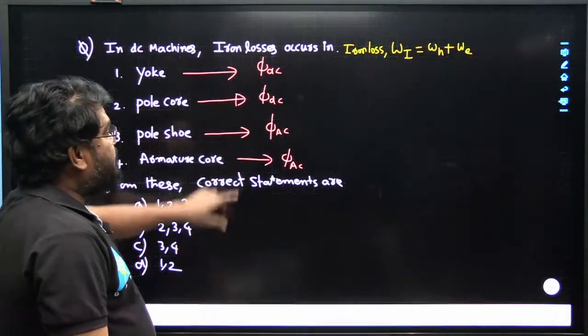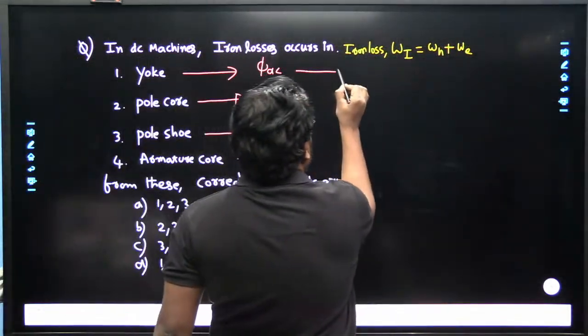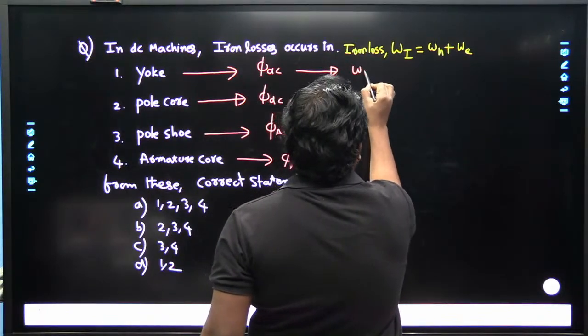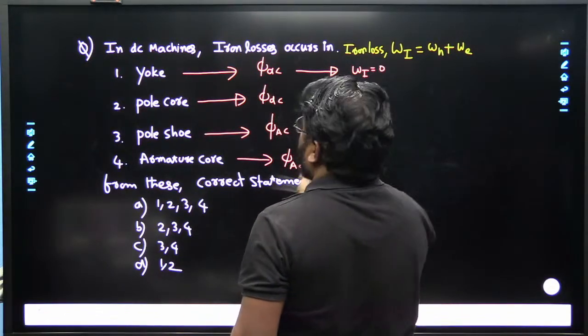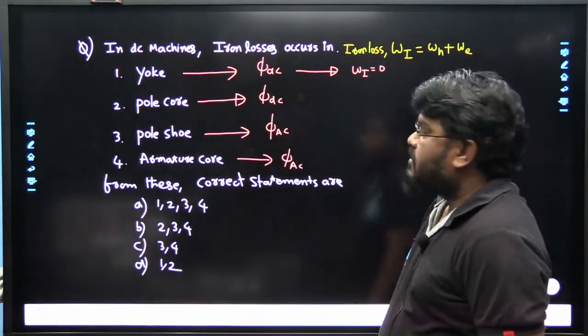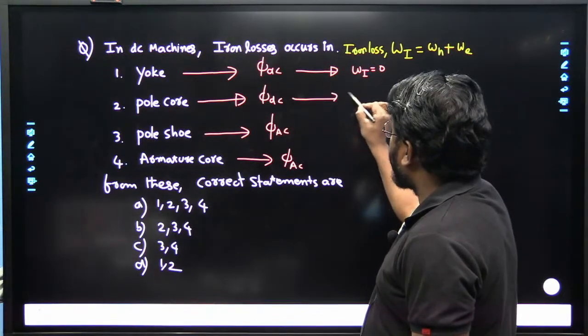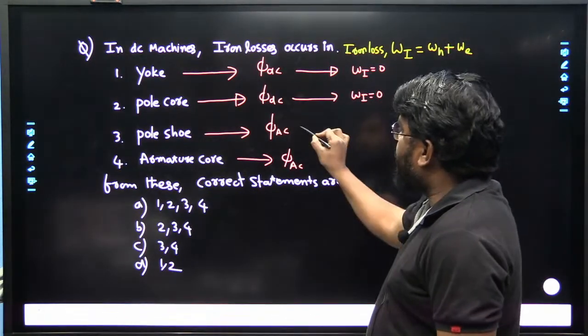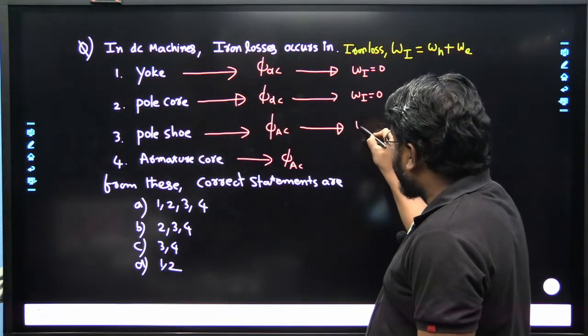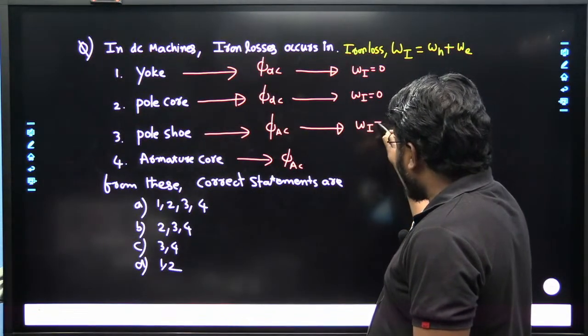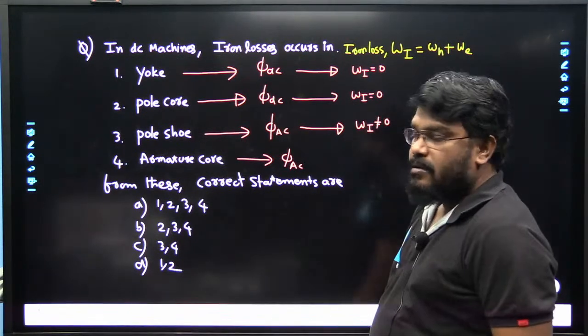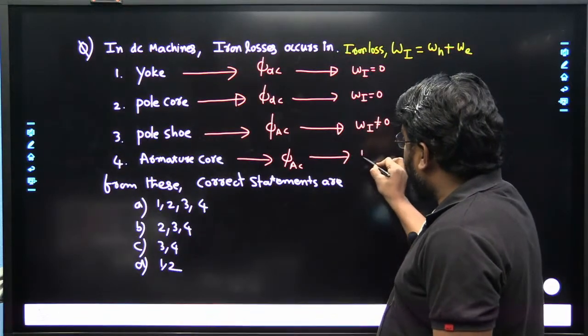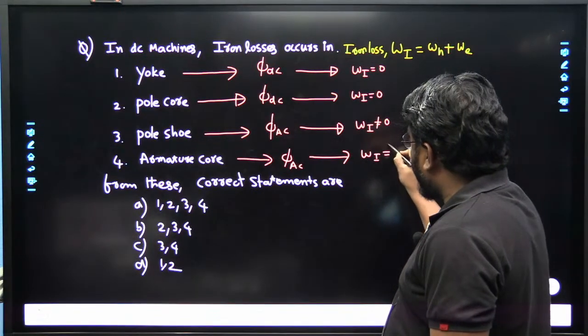When the flux is DC, the iron losses are equal to 0. Okay, there is no iron loss. Now where the flux is AC, the iron loss is not equal to 0.